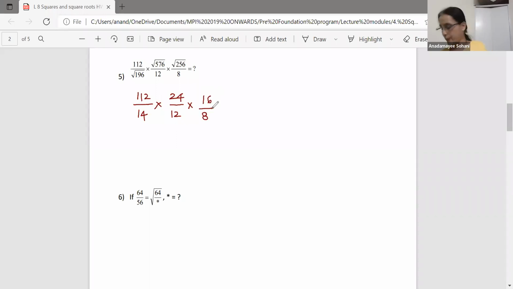So if I know the squares up to 30, my story becomes very simple and it goes very, very fast.